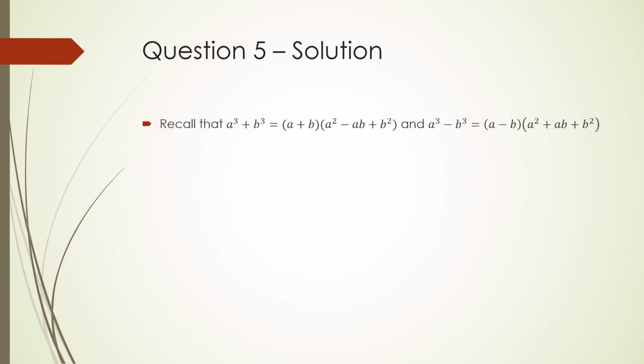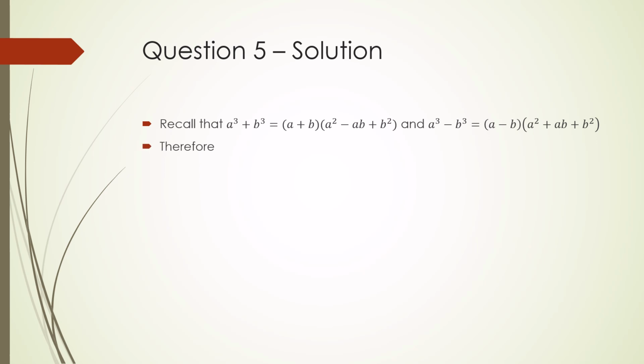As you can see here, we can factorize a cube plus b cube or a cube minus b cube into different factors. And when we encounter questions with surds, we sometimes can substitute a cube or b cube for a square root or cube root.